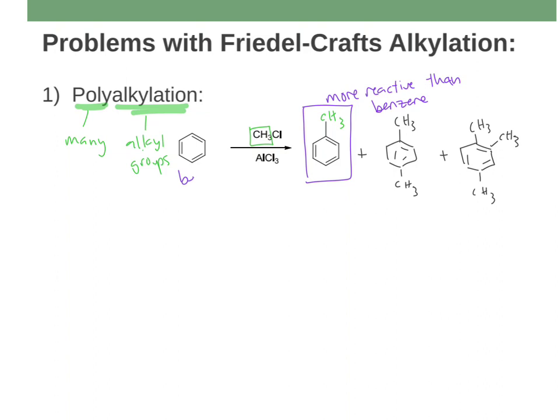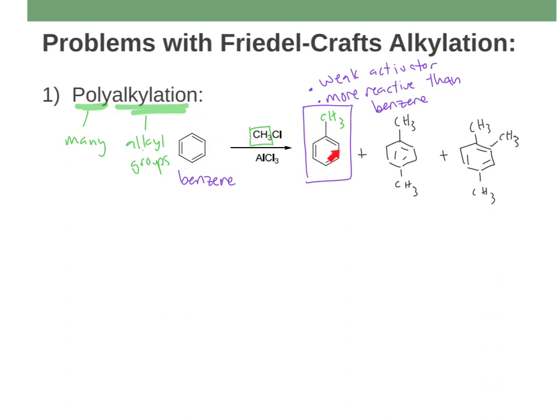than just straight up benzene. Here's just straight up benzene. And I know that it is more reactive because I know that CH3s are weak activators. They're weakly activating groups. So what you did is when you do this reaction, you take whatever your aromatic ring is, in this case benzene, and now you've made it weakly activated.